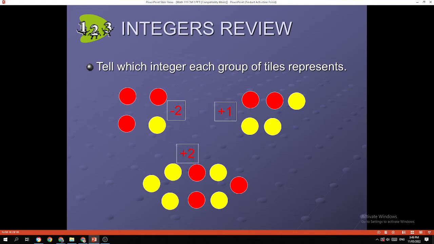It's 0, sir. Why 0? Let's do the pairing. I'll pair the yellow and the red. They cancel. These cancel. What remains here is two yellow counters. Meaning, it's positive 2. So it's just a matter of doing pairings.